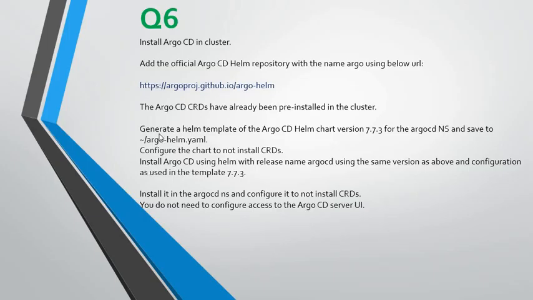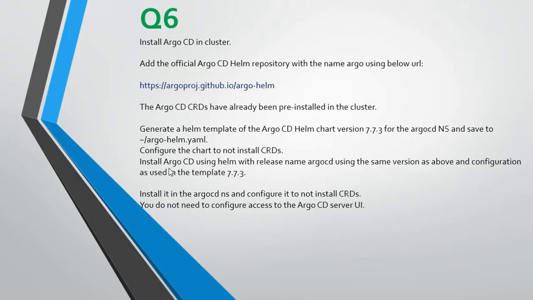Next part is to generate a Helm template of the Argo CD Helm chart version 7.7.3 for the argocd namespace and save it to this file. Configure the chart to not install CRDs, because the CRDs are already installed.